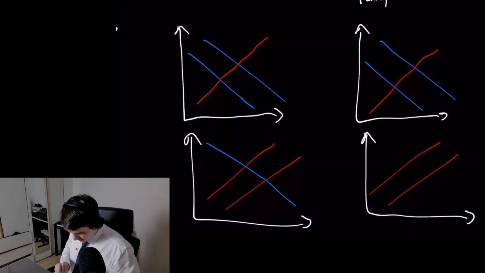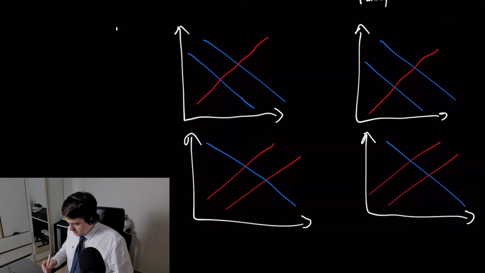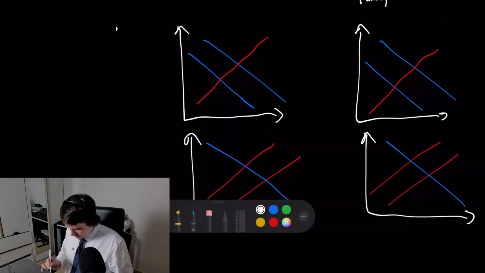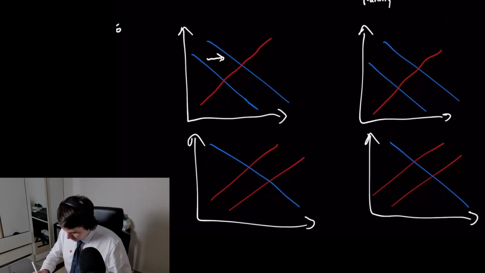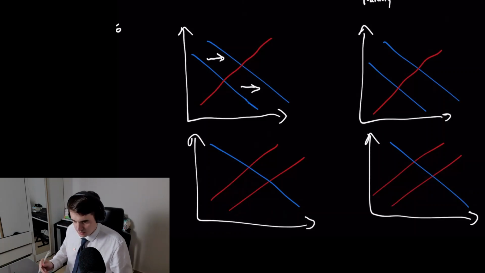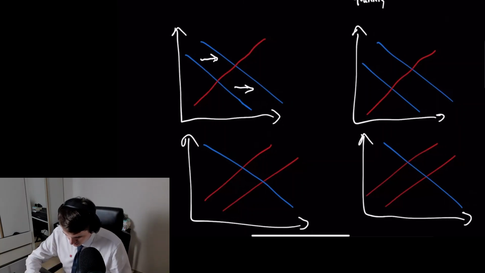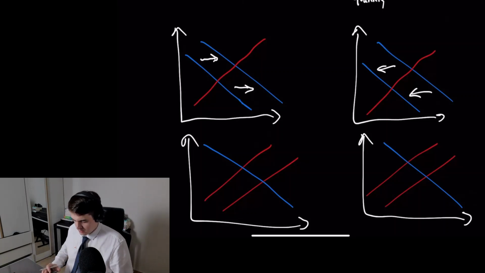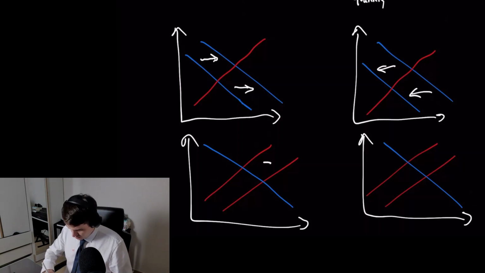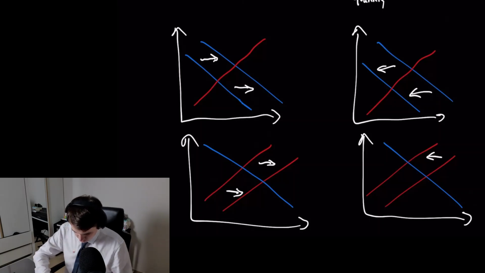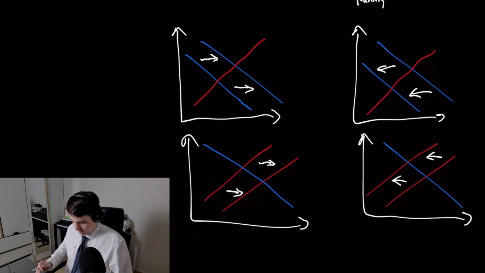Bear with me for 1 second. So, let me make little arrows. We have a shift of the demand curve to the right here. Shift to the right. We have a shift of the demand curve to the left. We have a shift of the supply curve to the right here. And we have a shift of the supply curve to the left.